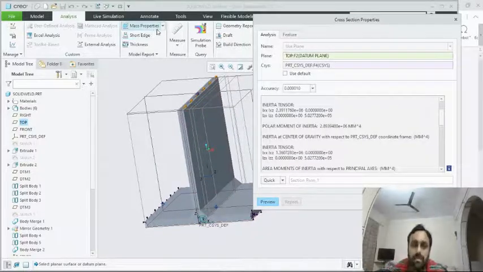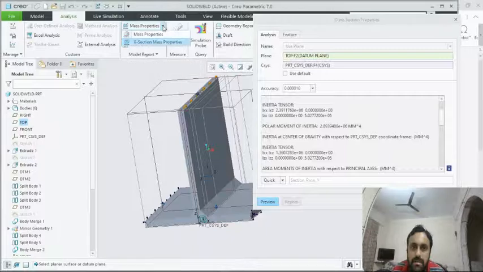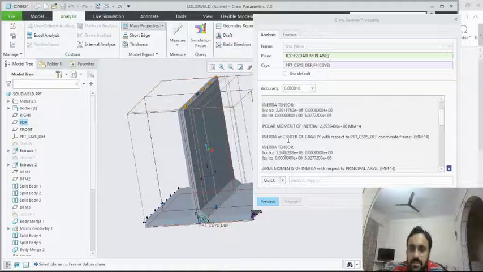After getting to the section mass properties, we take this CSYS at the corner and we take this plane at the front. So we are getting the inertia tensor at the center of gravity with respect to this coordinate system. That comes out to be IXX 1.36 e to the power 6 and IYY 5.072 e to the power 5.